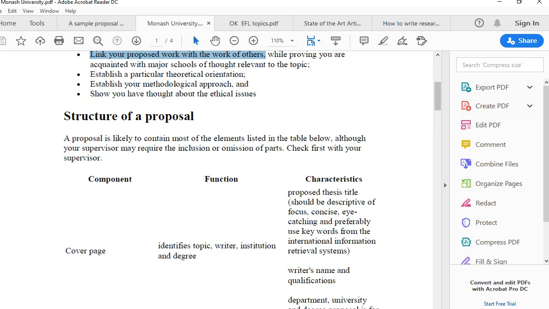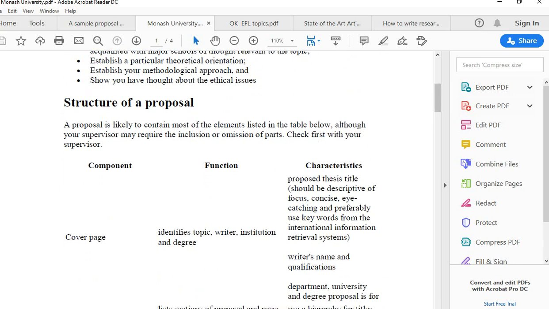And this is a structure of a proposal. As you can see, a proposal is likely to contain most of the elements listed in the table below. Although your supervisor may require the inclusion or omission of some parts, check first with your supervisor.